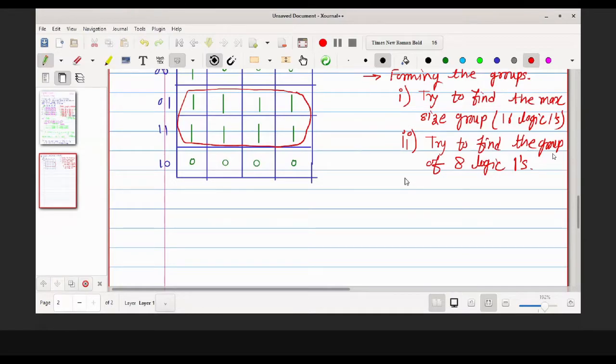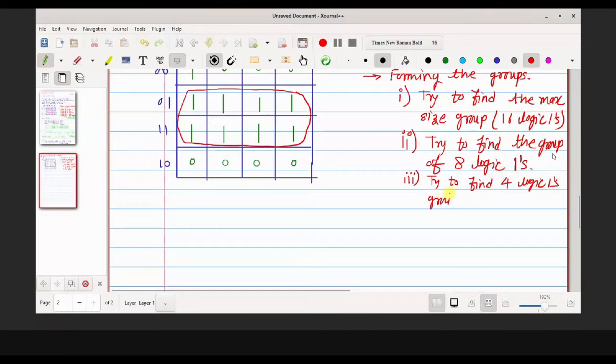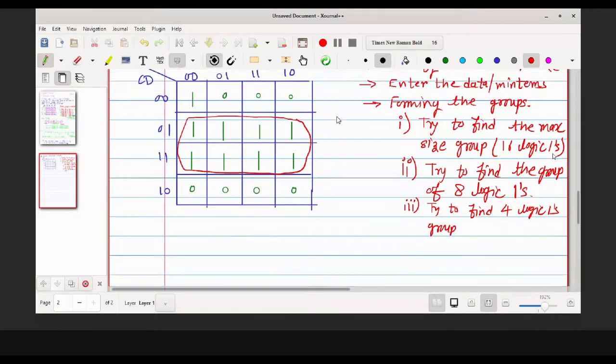Now the next thing is, try to find a group of four logic ones. So is there anything which is pending? No. So how many logic ones remain? Only one.